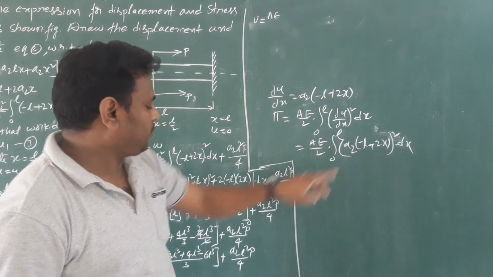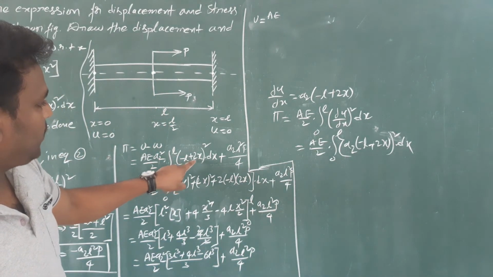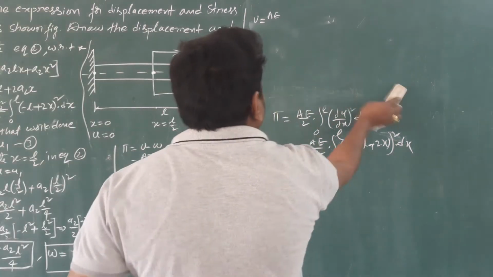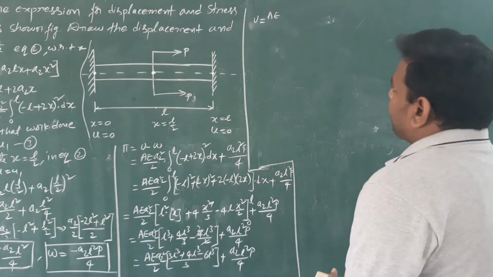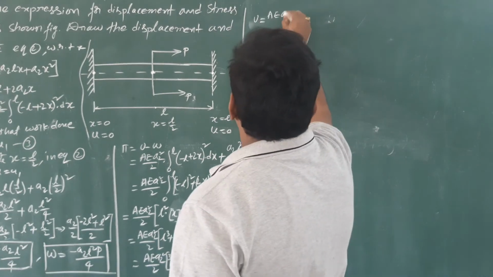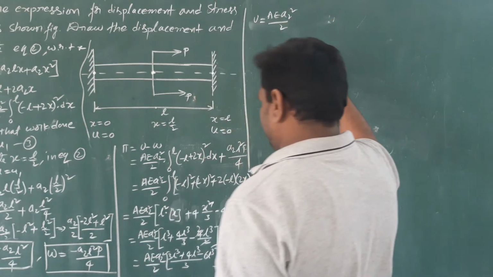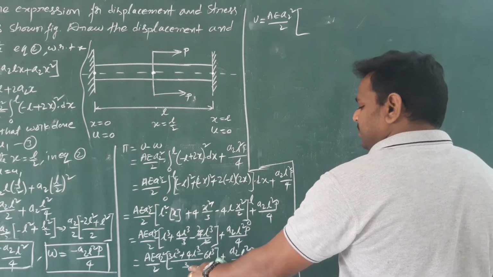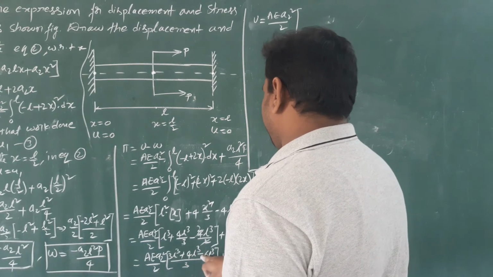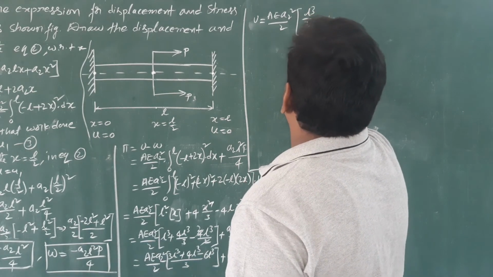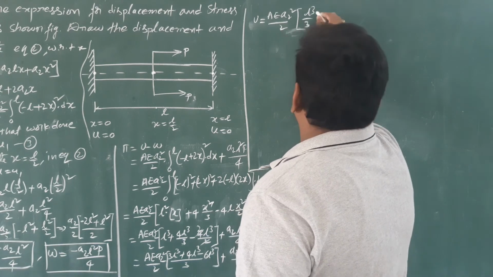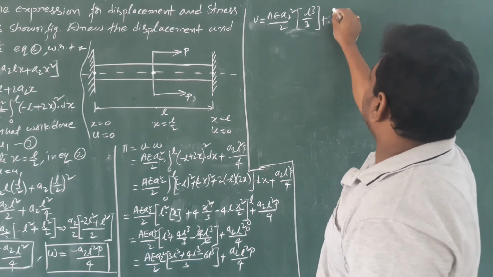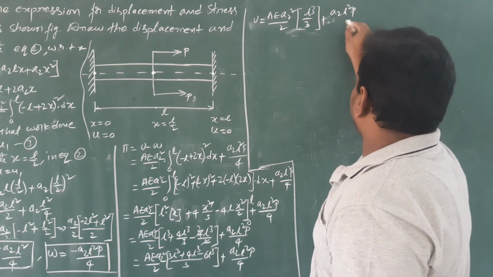Now do it: A2 square by 2 into 3L cube plus 4L cube minus 6L cube, divided by 3, that is 7L cube minus 6L cube, that is L cube by 3, plus A2 L square P by 4.